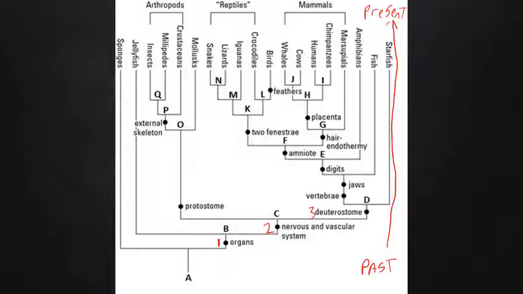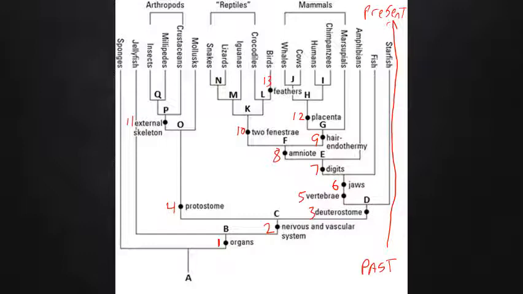Then this would be 3, 4, vertebrae 5, jaw 6, digits 7, 8, hair and endothermy 9, 2 fenestrae would be 10, external skeleton or exoskeleton would be 11, placenta 12, and feathers 13. That would be the order of evolution of traits based on this phylogenetic tree.